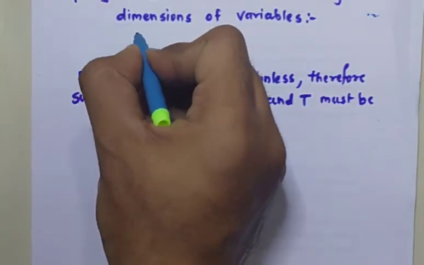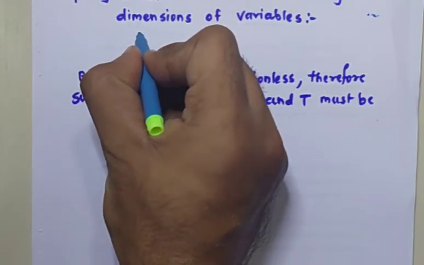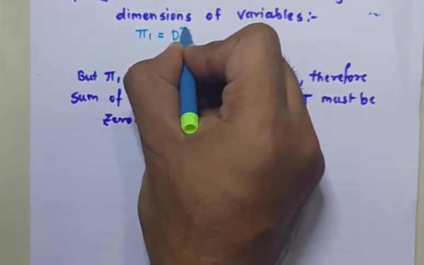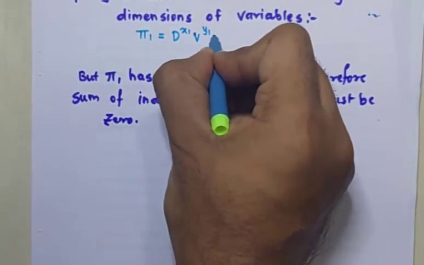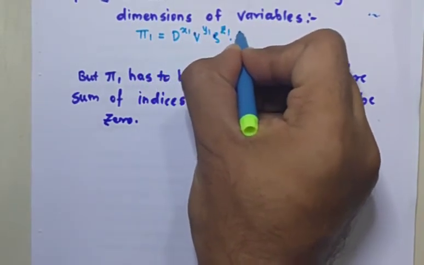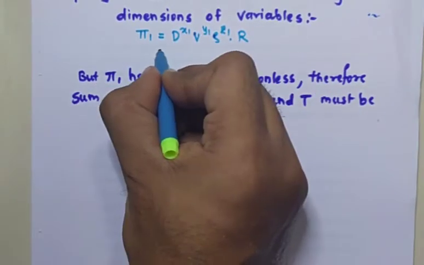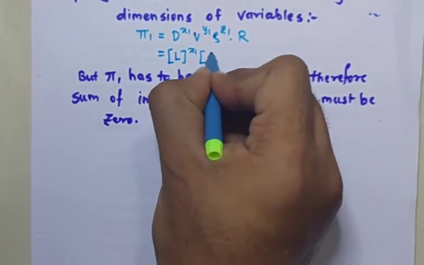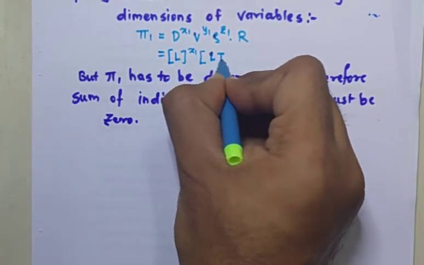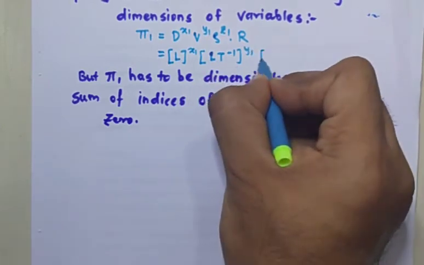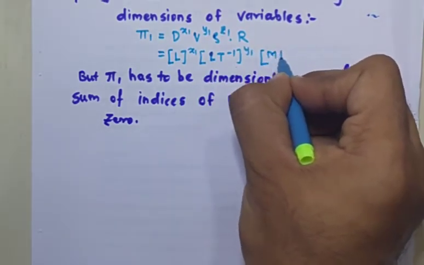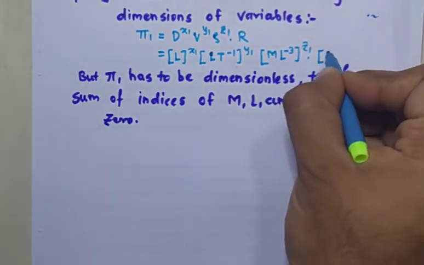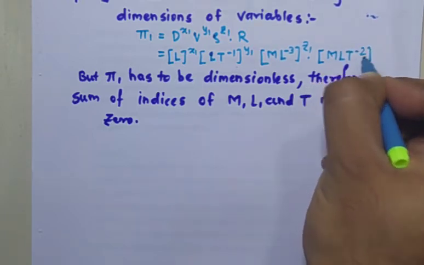So pi 1 term is equal to D raised to x1, V raised to y1, rho raised to z1 into R. So it is equal to, dimension for D is L raised to x1, dimension for V is LT minus 1 raised to y1, dimension for rho is ML raised to minus 3 raised to z1 into dimension for resistance is MLT raised to minus 2.